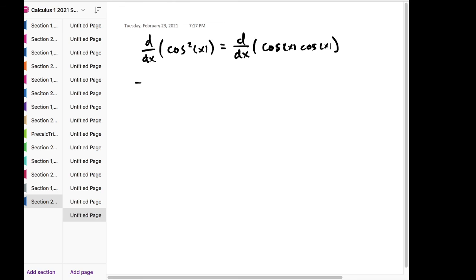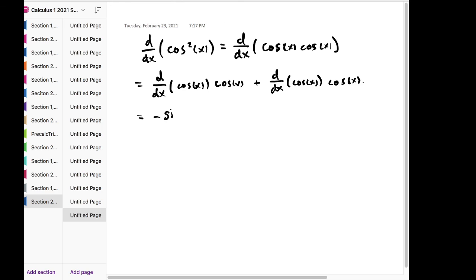So derivative of the first times the second plus the derivative of the second times the first. So derivative of cosine we established was negative sine. And derivative of cosine is negative sine.